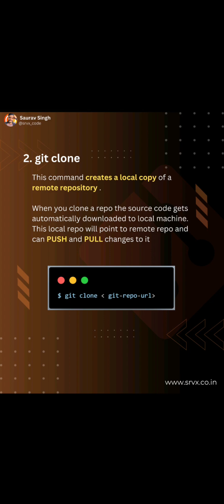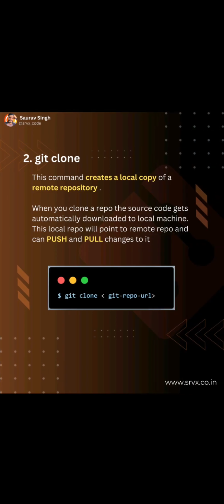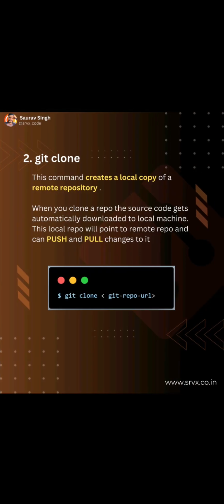For that you should have an account in GitLab or GitHub, right? You use git init first, and git init always generates a .git directory. After that, if you want to clone from your repository, you copy the URL from GitLab, use git clone, and paste the URL.